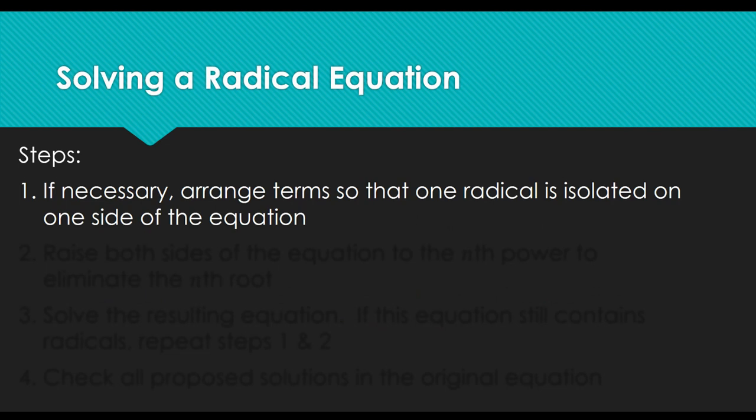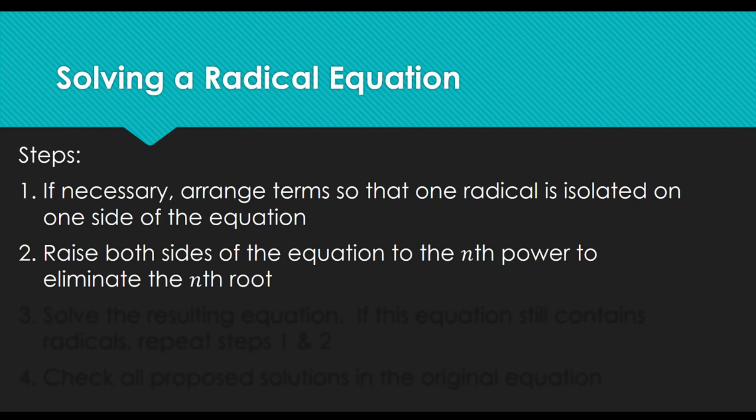So here are steps for solving radical equations. If necessary, we're going to arrange the terms so that one radical is isolated by itself on one side. We will then raise both sides of the equation to the nth power. So if it's a square root, we raise it to the second power because the index and that exponent are going to cancel each other out.